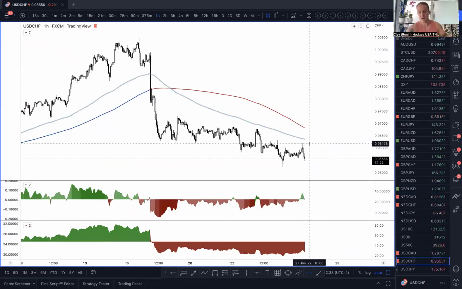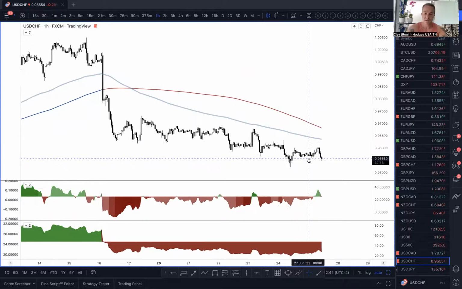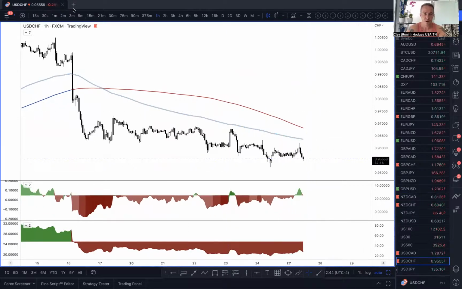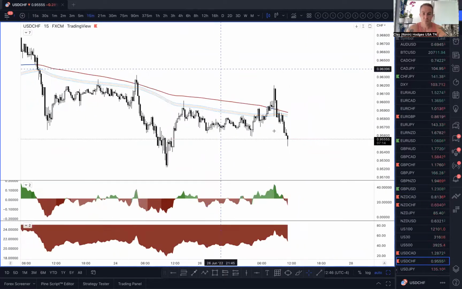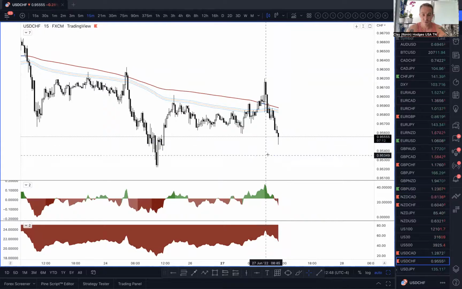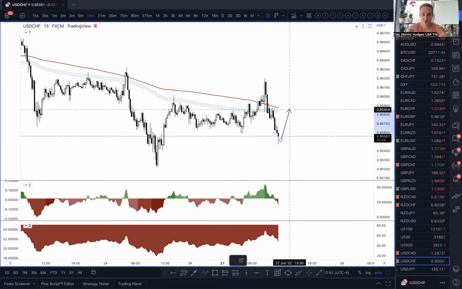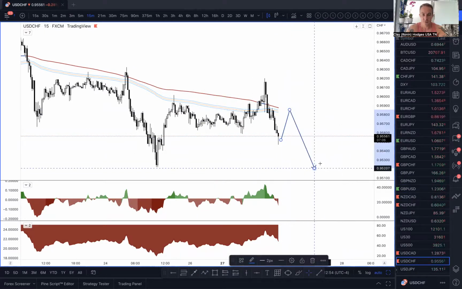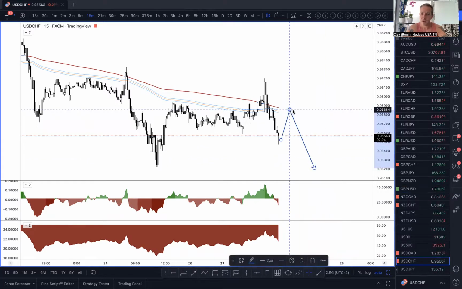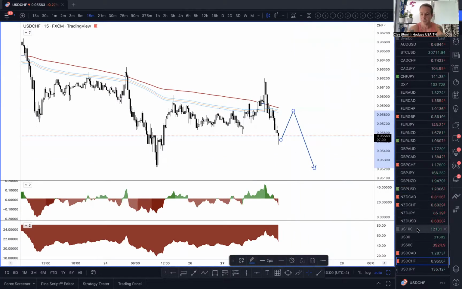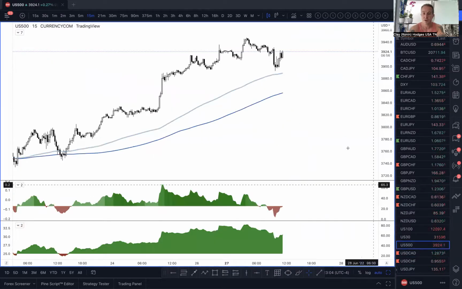Dollar Swiss, on the other hand, is continuing its strength, and this looks like a really solid opportunity here, specifically if we get some sort of retracement, which would offer us an opportunity to get back in. So tons of opportunities in the market this week. I really am still going to be focused on the dollar and this potential bounce in risk.